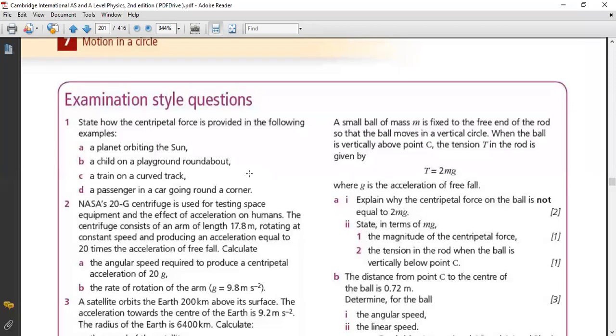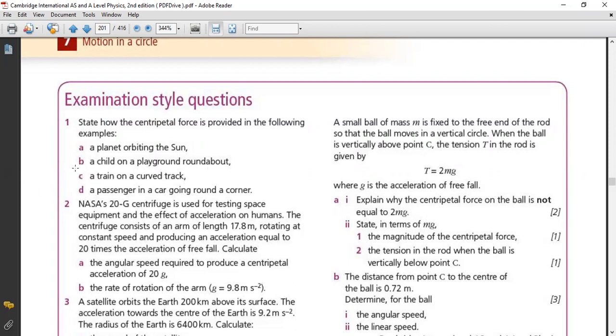In this case, the centripetal force is provided by the tension in the rods of the roundabouts. That will be the tension force.